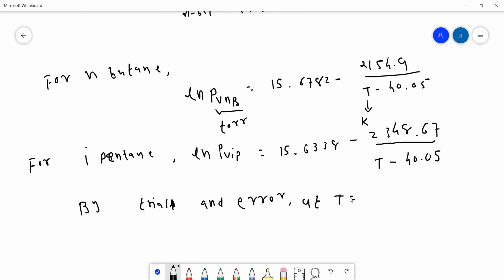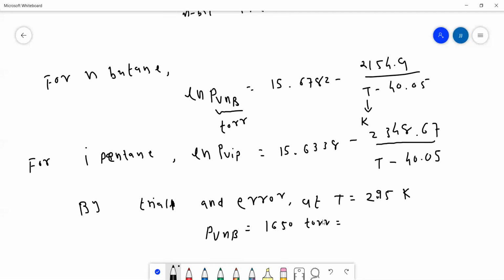At T equal to 295 Kelvin, if you substitute T equal to 295 in both equations, then you will get the vapor pressure of N-butane equal to 1650 torr.